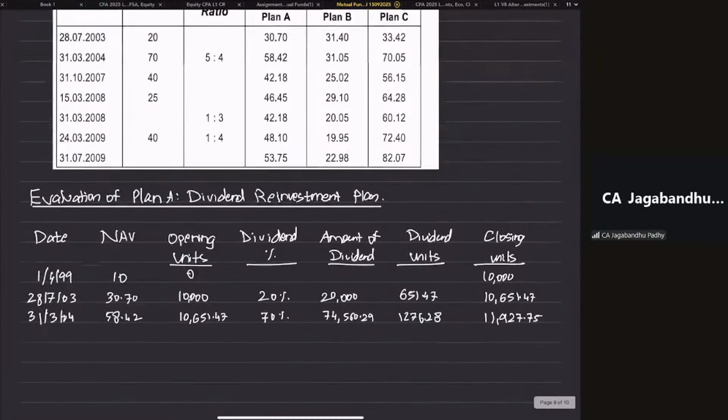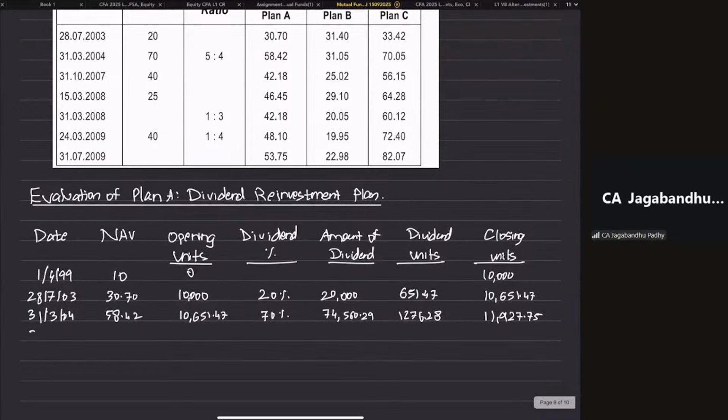Then similarly, we have to calculate the number of units as on 31st of October 2007 when the dividend is declared, then on 15th of March 2008, and then 24th of March 2009 when the dividend is declared.